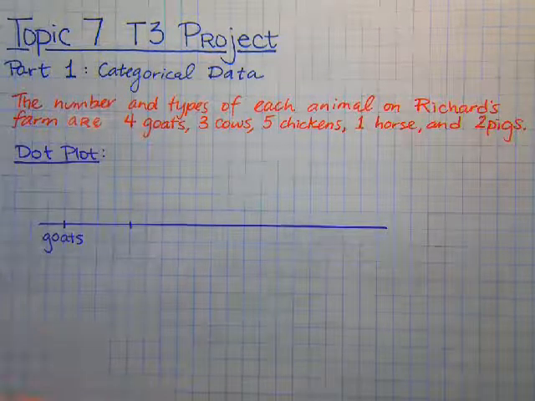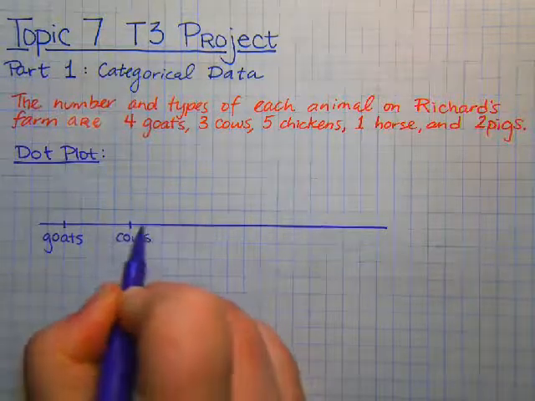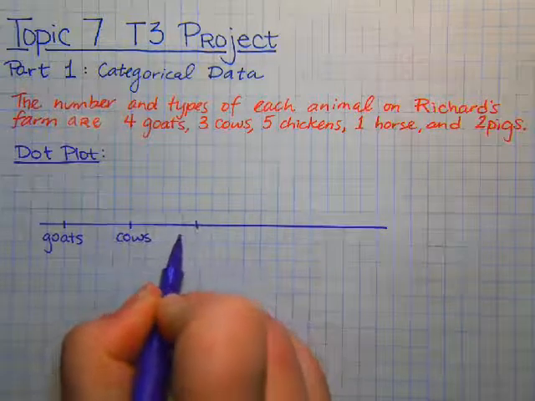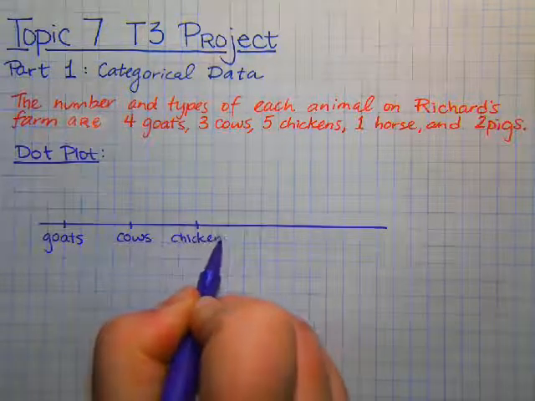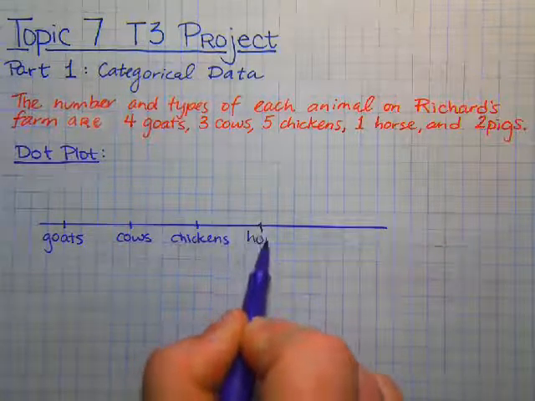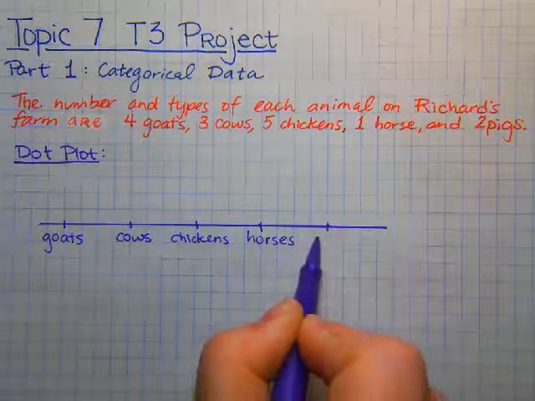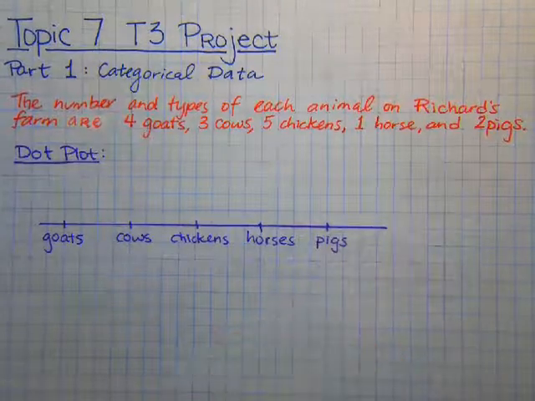So that's just my decision, it doesn't really matter. Cows, and then we have a horse, horses, and then 1, 2, 3, 4. Last one is pigs.